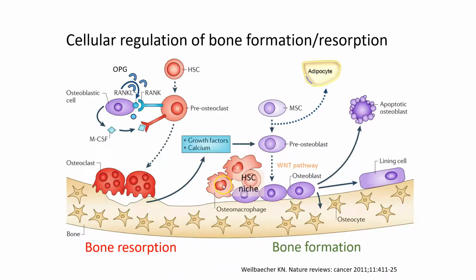And in the osteoblastic niche, you have these hematopoietic stem cells. We talked about all of these aspects previously. Hematopoietic stem cells lead to the formation of osteoclasts. Remember, osteoclasts are involved in bone resorption. There is signaling between osteoclasts and osteoblasts using this mechanism that we discussed briefly, RANK and RANK ligand with OPG.